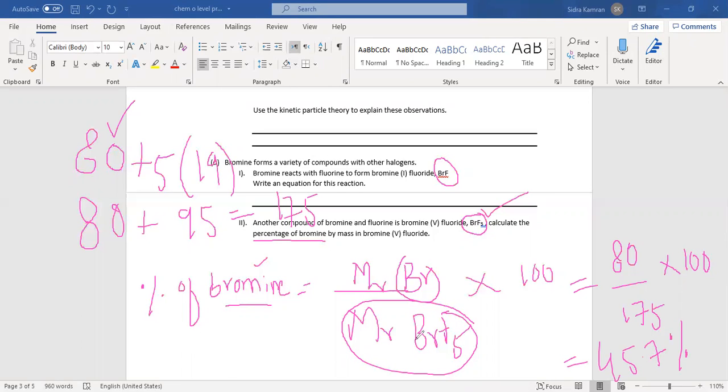So the percentage of bromine in bromine pentafluoride, five fluoride meaning the 5 fluorine atoms, is 45.7% in this compound.